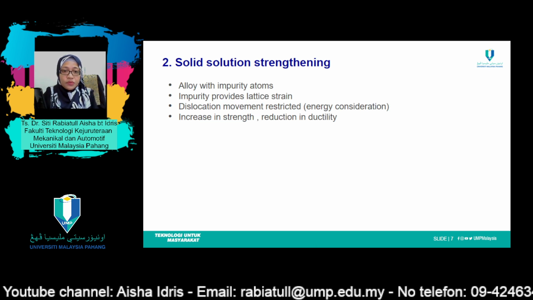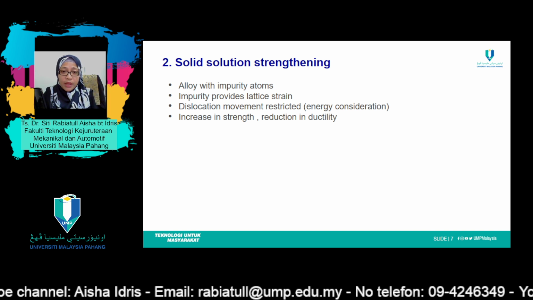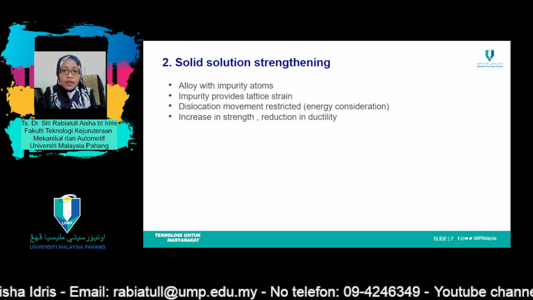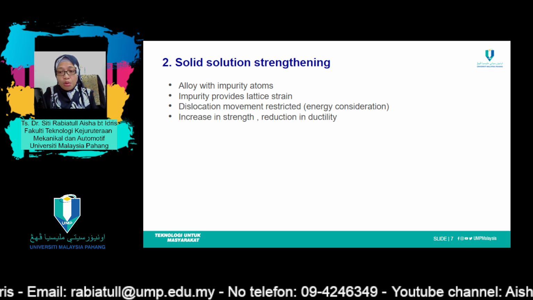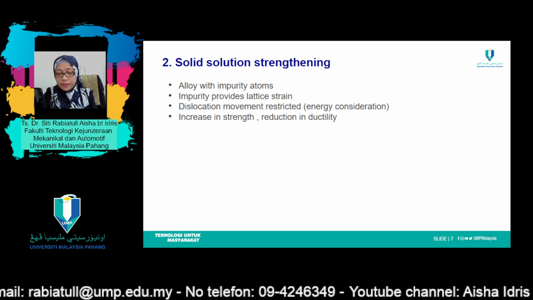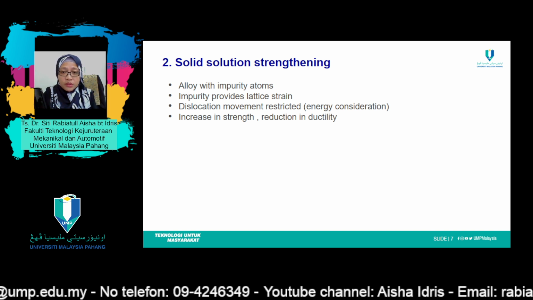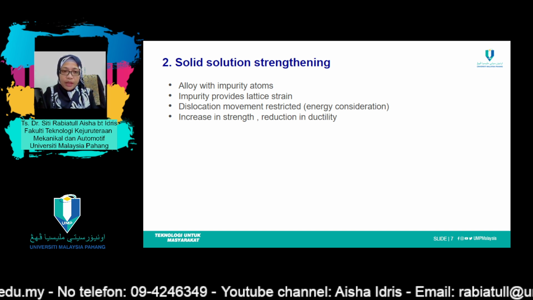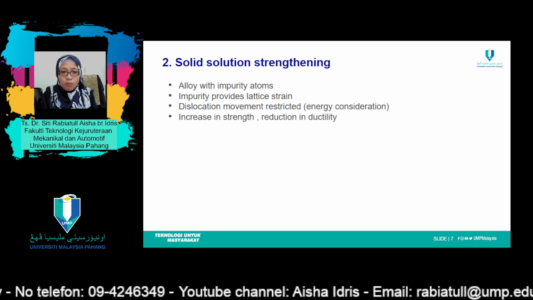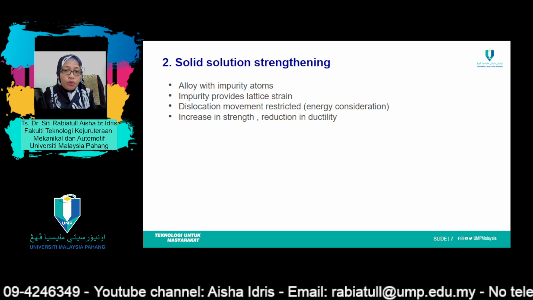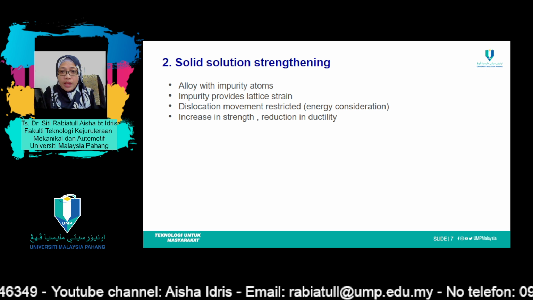Another technique to strengthen the hardened metal is alloying with impurity atoms that go into either substitutional or interstitial solid solution. Accordingly, this is called solid solution strengthening. High purity metals are almost always softer and weaker than alloys composed of the same base metal.